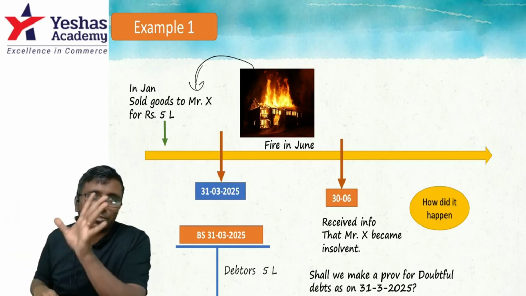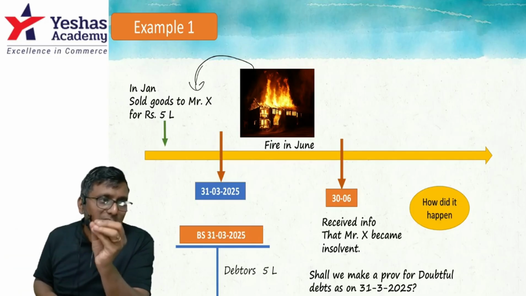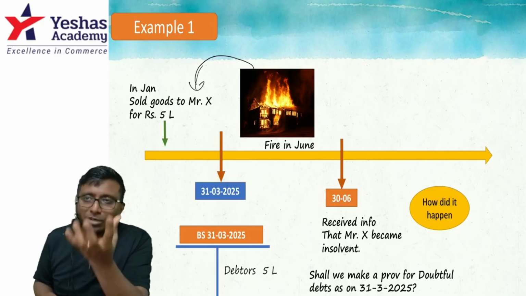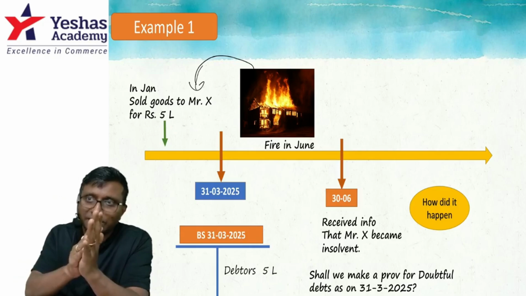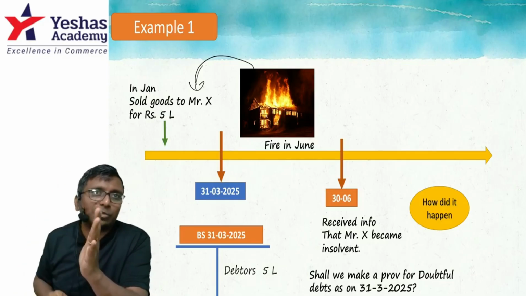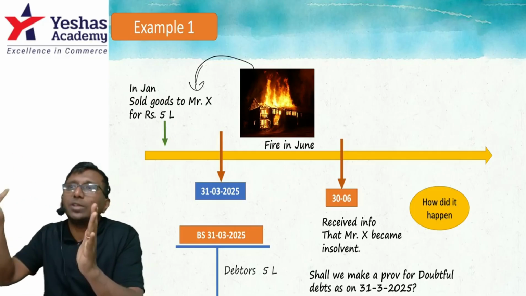As on 31st March, whether my customer is a good customer or a bad customer, was it receivable or not receivable? That means the condition of the debtor, the condition of the debt. If I say condition of the debt or debtor balance, is it good or bad? Then that only should reflect. Whatever has happened subsequently pertains to next year.